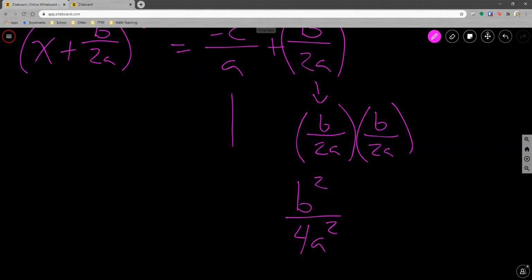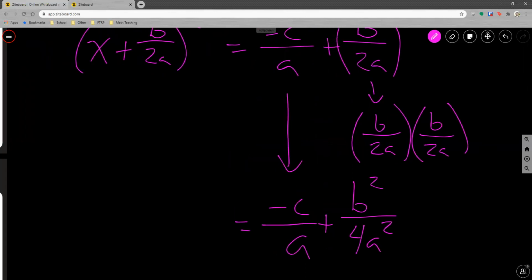So I'm going to bring down this other part. We've got negative c over a plus b squared over 4a squared. And on this side of the equation, I still have my (x plus b over 2a) squared. My right side's still not pretty.